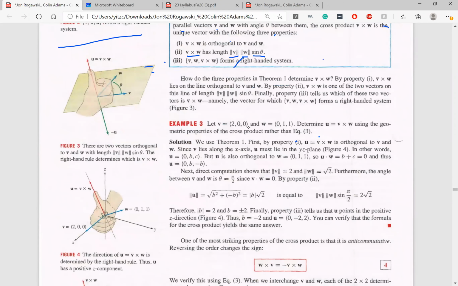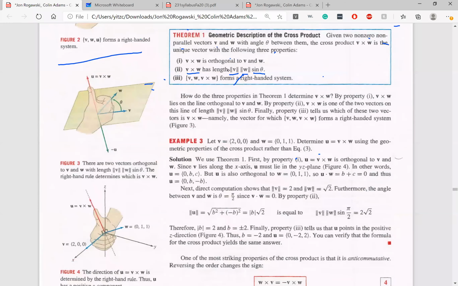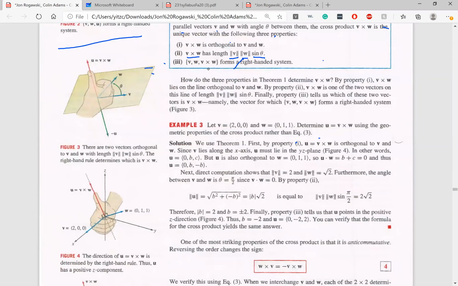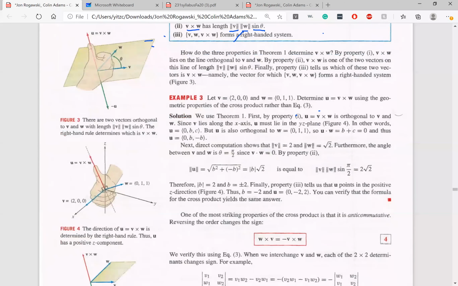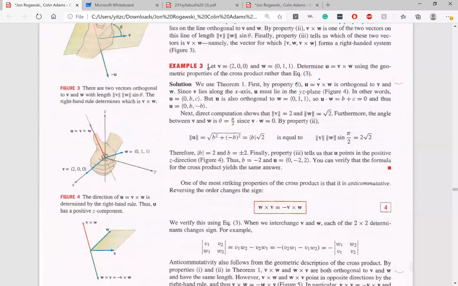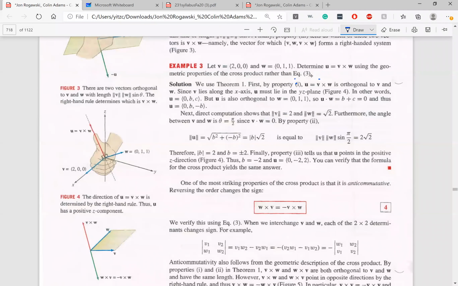So let V equal this, W equal this. They want us to find V cross W using geometric properties of the cross product rather than the equation. So they want us to find this using the fact that the magnitude of V times the magnitude of W times sine of theta is equal to the magnitude of V cross W. This is not very relevant to multivariable, because generally we will be able to look at the equation, and you don't necessarily want to figure out what V cross W is from the geometric properties.